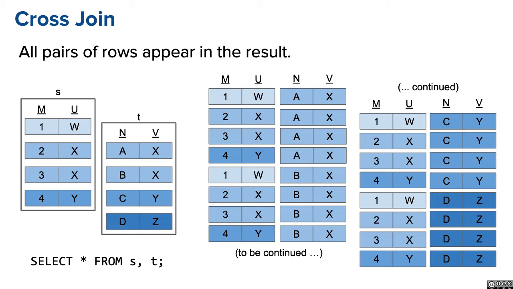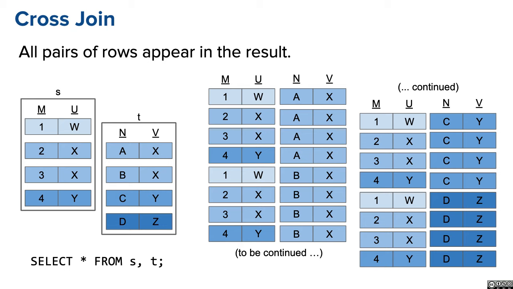What I've done in the SQL query in the bottom left corner is say select star from S comma T, which tells SQL to do a cross join between the relations S and T. You'll see here that the first row of S appears with every single row of T. The second row of S appears with every row of T, and so on. So if there are 4 rows in S and 4 rows in T, the resulting join table will have 16 rows, one for every possible pairing of rows in S and T.